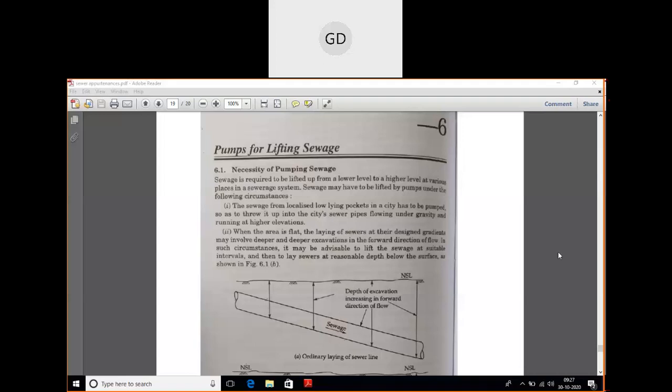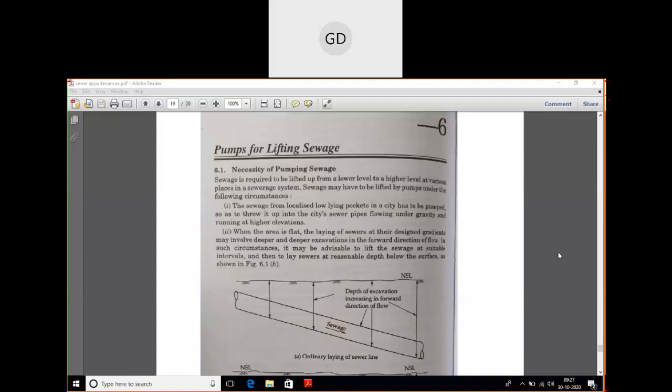So the sewage present in a low lying area has to be pumped with the help of a pump, and it needs to be thrown under gravity into sewers that are at a higher elevation.